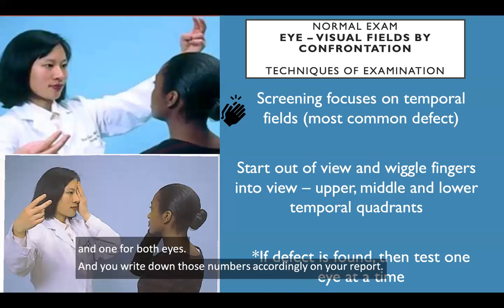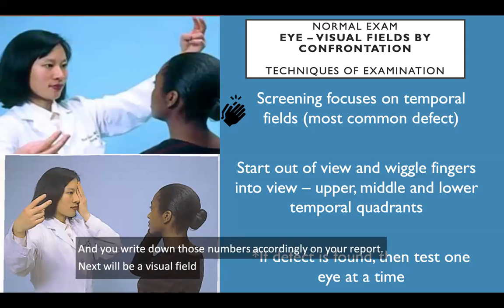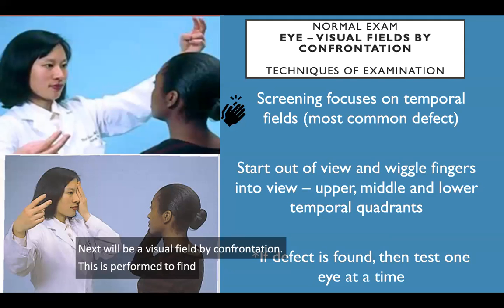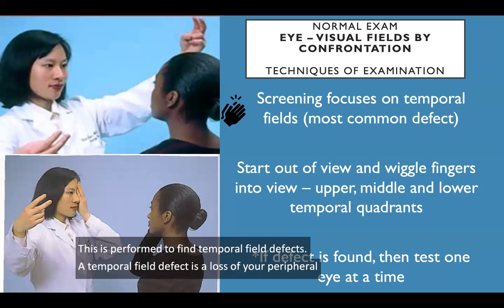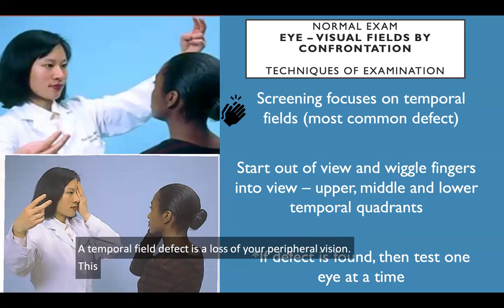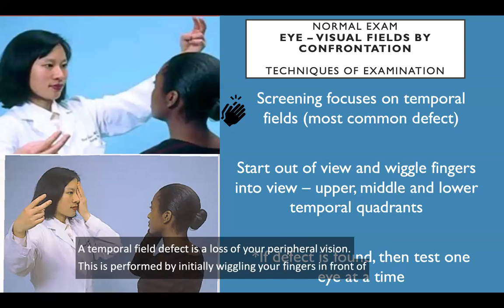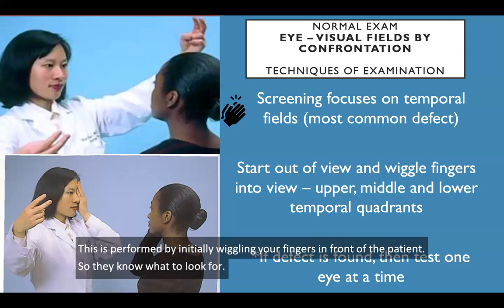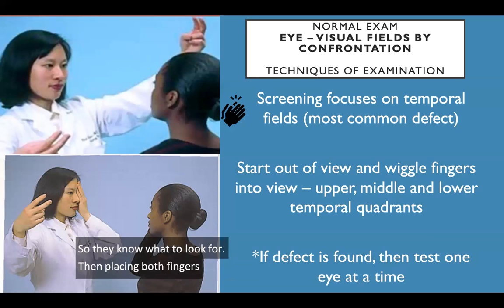Next will be a visual field by confrontation. This is performed to find temporal field defects. A temporal field defect is a loss of your peripheral vision. This is performed by initially wiggling your fingers in front of the patient so they know what to look for. Then place both fingers out of the field of view and slowly bring them back.